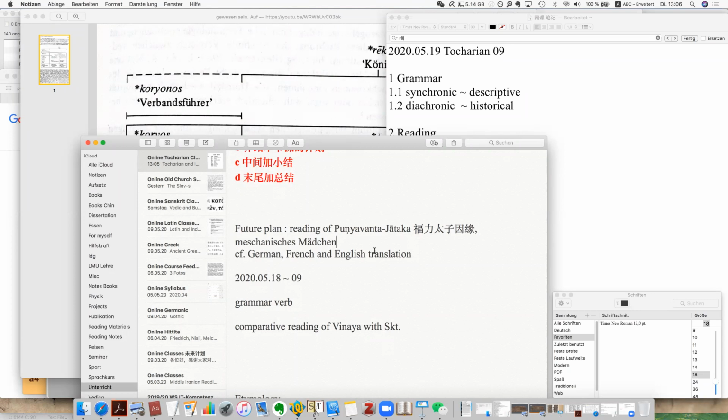I hope it will be interesting for some of you. Then we will compare the German, French, and English translations, because this is a very famous piece and there are several translations of this story.